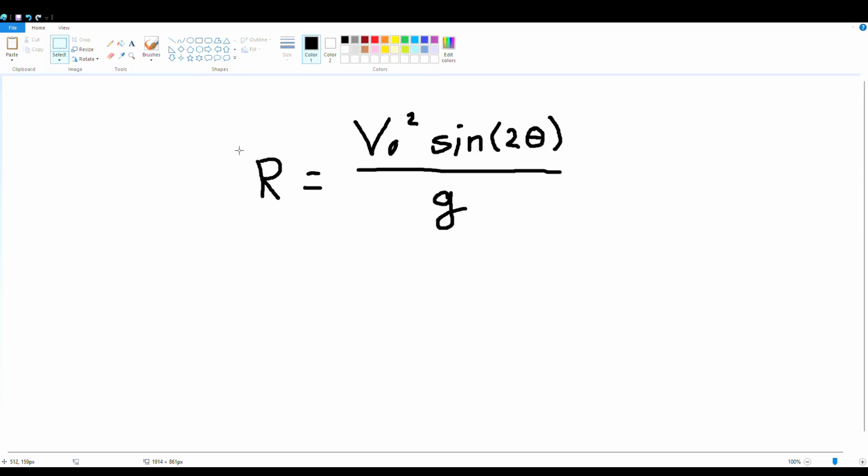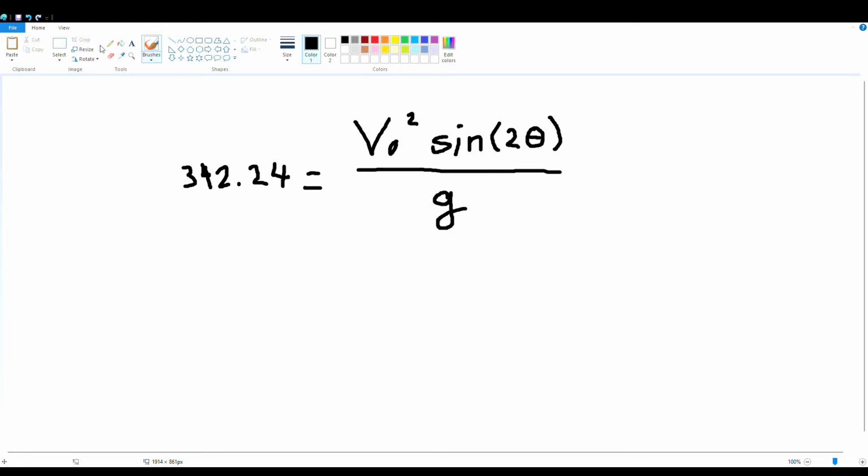After finding all the components to this equation, we can start plugging in numbers. So r, which we got, was 342.24 meters.